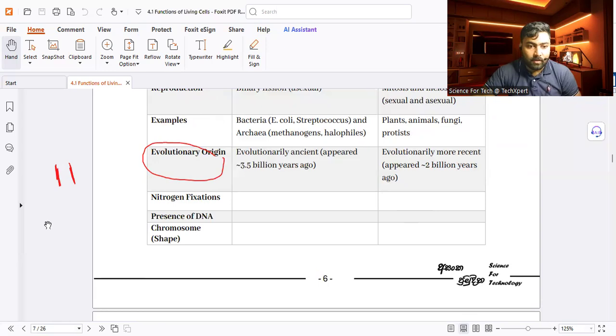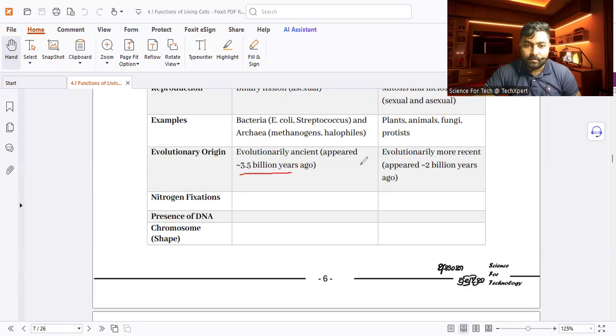When you talk about the evolution, I told you prokaryotic cells are the first organism, or the first cell type, which originated for the first time, before 3.5 billion years ago. Not million, okay, billion years ago.